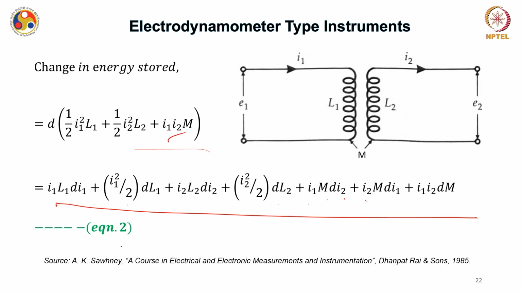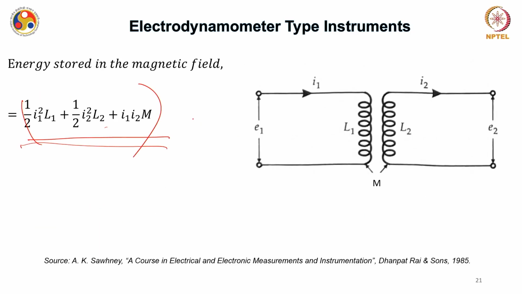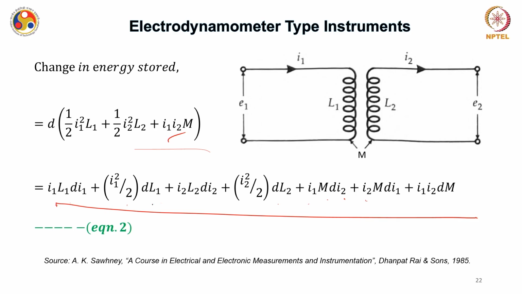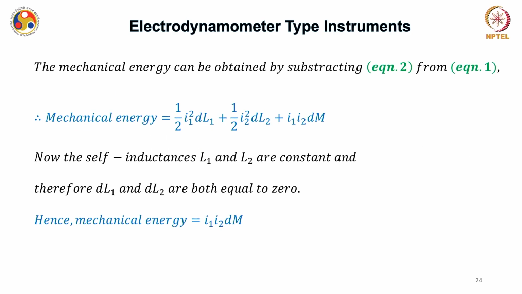So, mechanical energy is total electrical input energy minus change in energy stored. If I subtract, I get half I1 square dL1 plus half I2 square dL2 plus I1 I2 into dM. I am calling this equation C.